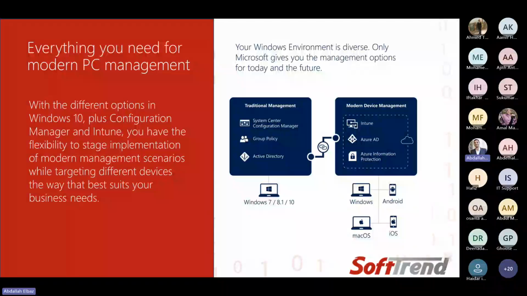At the end, Microsoft transfers or upgrades your environment from the traditional organization that used System Center Configuration Manager, group policies, and the local Active Directory to a new cloud solution. It works with Microsoft Intune and Azure Active Directory.